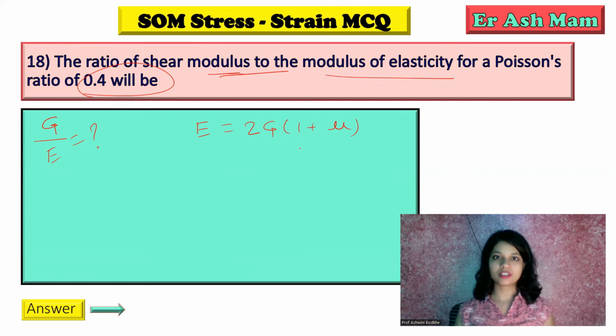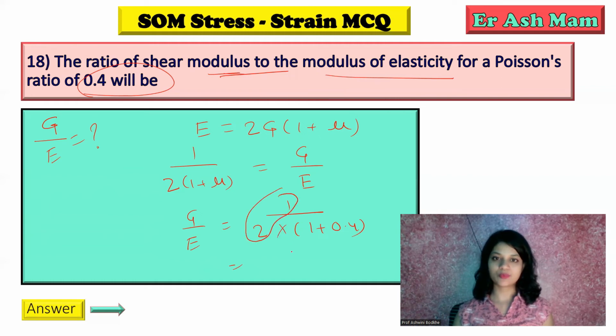Therefore, G upon E equals 1 upon 2 into (1 plus mu), where mu is 0.4. That is 1 upon 2 into 1.4, which equals 5 upon 14. Therefore, the ratio of G and E equals 5 upon 14. This is the answer.